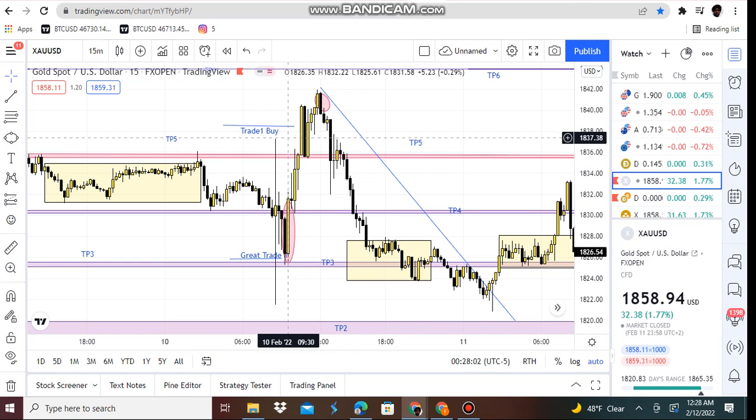You don't have this much money to hold from 1838 to 1832. Even if you do, you're in the negative a couple hundred, a couple thousand, depending on your lot size. Price takes you out of this trade, and you're like, oh, Forex is a scam. No, you gotta be mindful where you enter and what lot size you use.